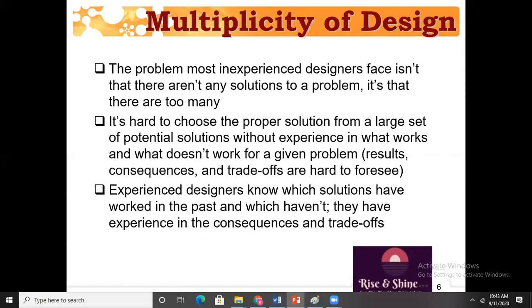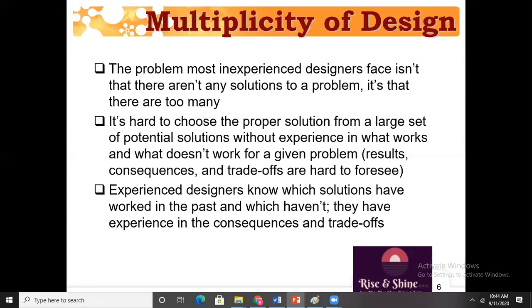There are n number of solutions available in the industry, and which solution is the best one for my problem, or choosing a proper solution, is the problem. It is hard to choose a proper solution from a large set of potential solutions. This problem is called multiplicity of design.